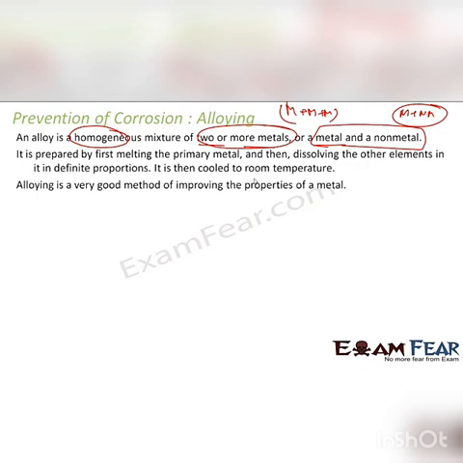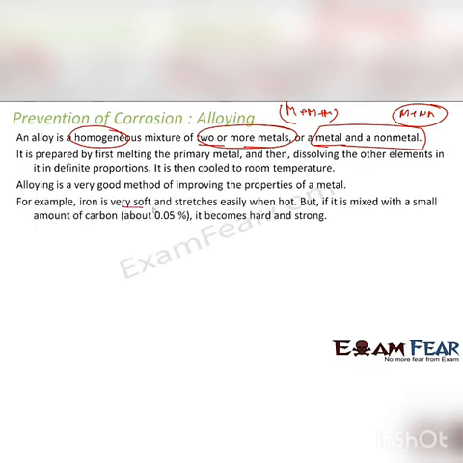For example, iron is very soft, right? And it stretches easily when it's hot. But when this is mixed with 0.05% of carbon, it becomes very hard and strong. And that is what we call alloying. So you take 99.95% of iron and 0.05% of carbon.